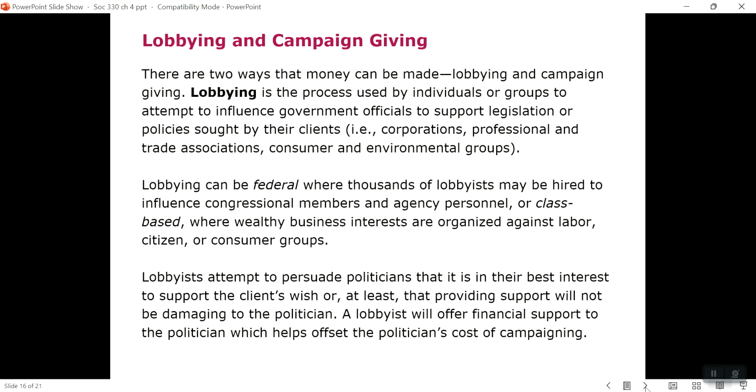The same thing is true of other nonprofit organizations. 501c3 is what the tax code is for these organizations. The Sierra Club, the ASPCA, the American Society for the Prevention of Cruelty to Animals.